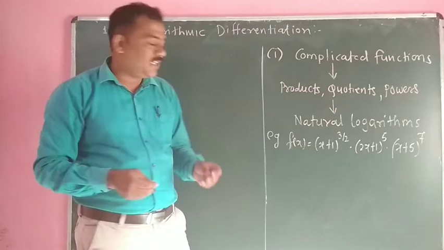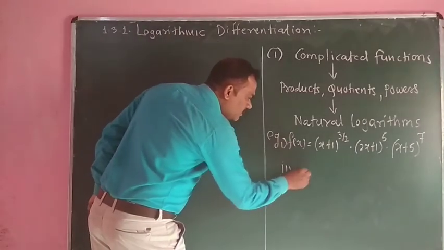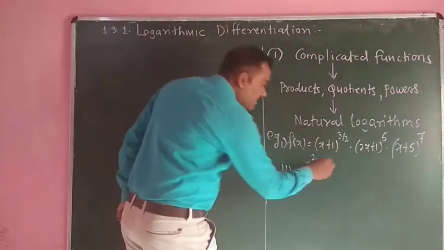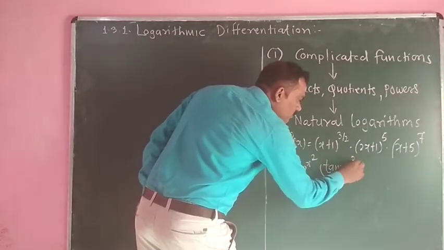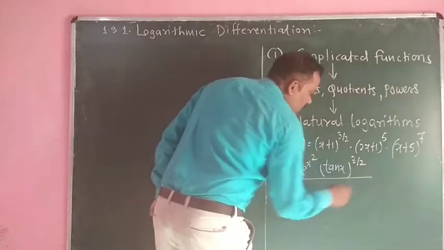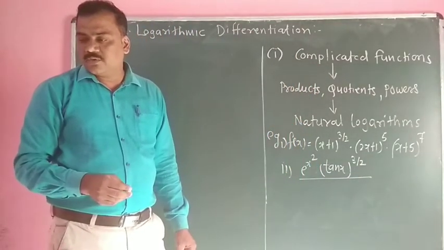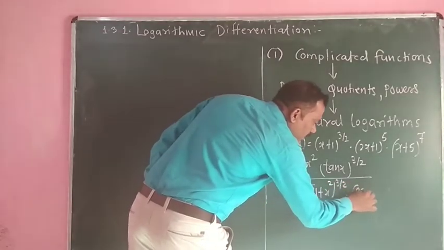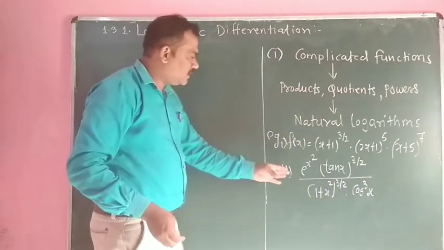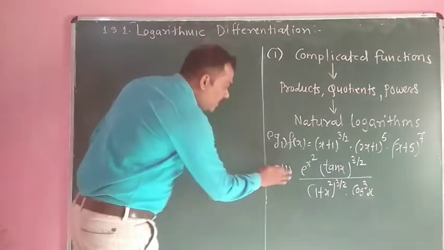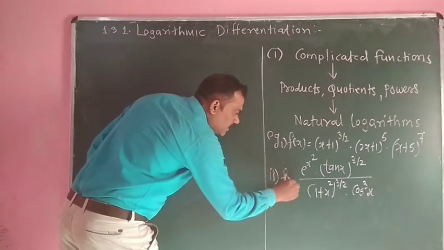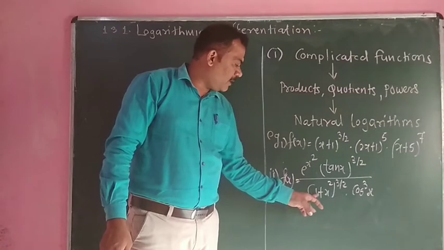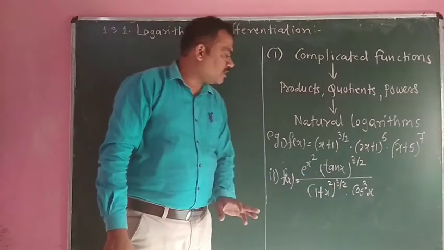Now consider a second example, suppose that this one is first, next one is f of x is equal to e raised to x square into (tan of x) raised to 3 by 2 divided by (1 plus x square) raised to 3 by 2 into cos cube x.